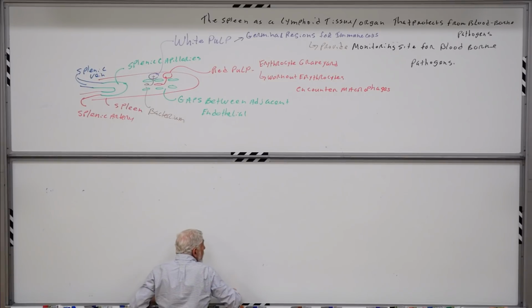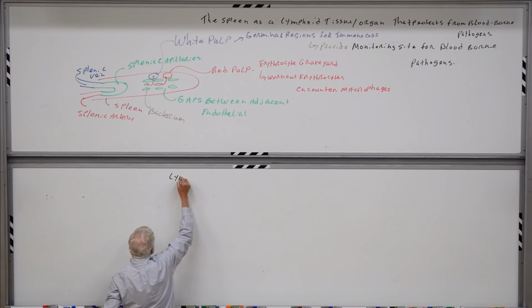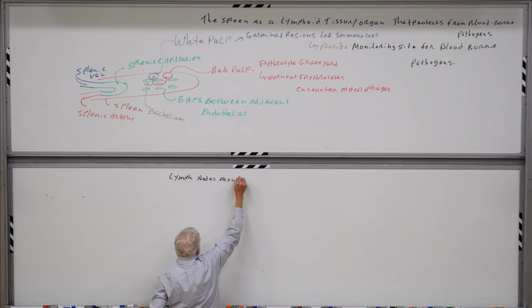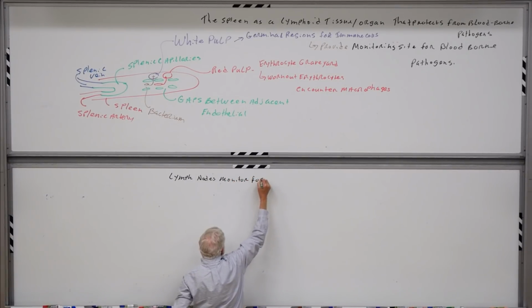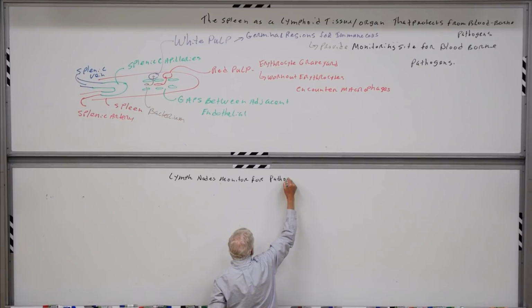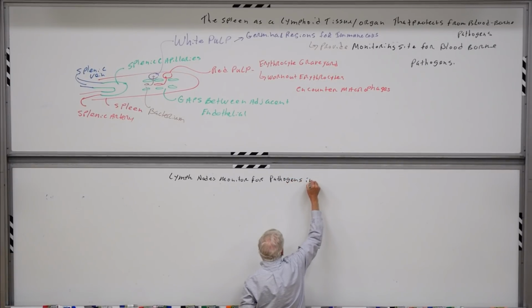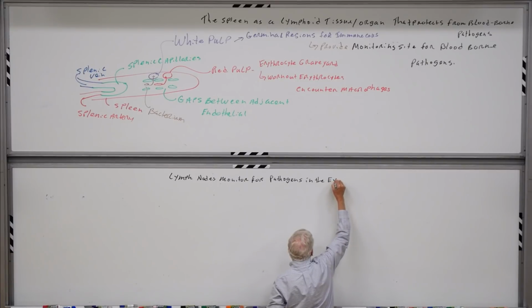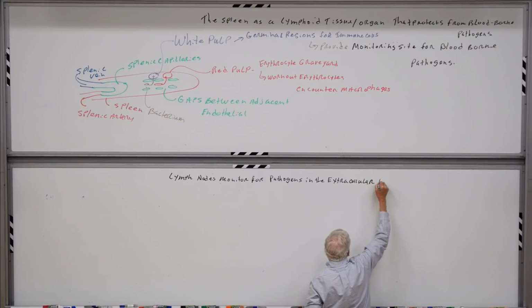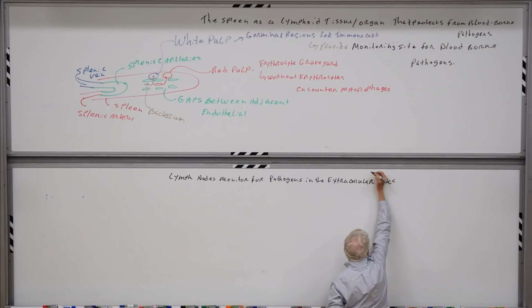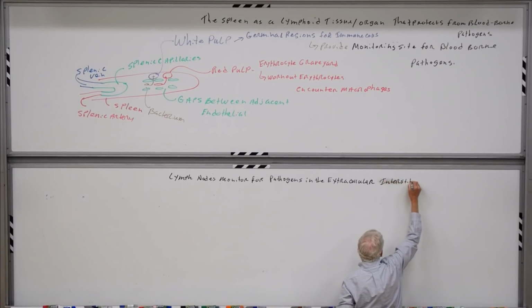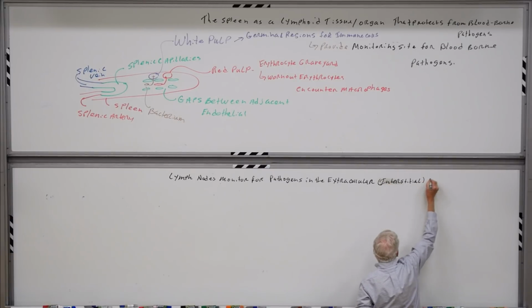And here I'll take this panel and say that the lymph nodes monitor for pathogens in the extracellular, you can read interstitial, space.